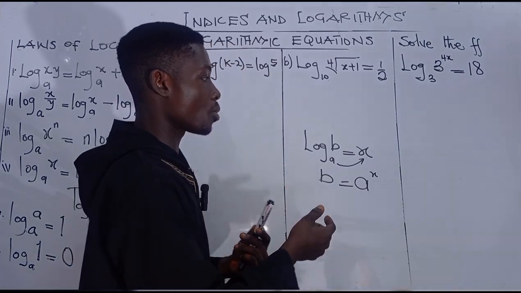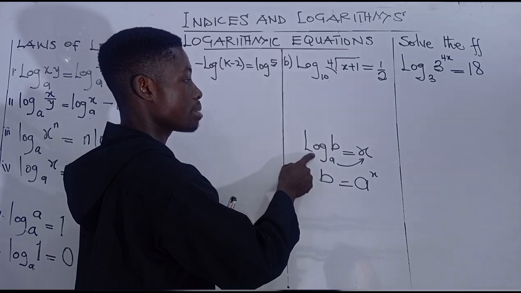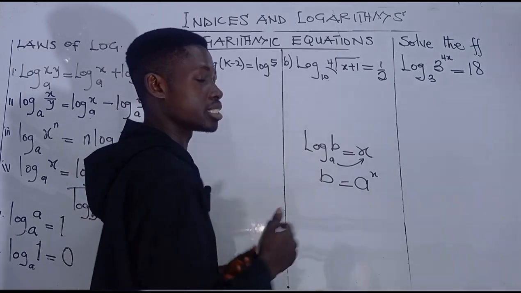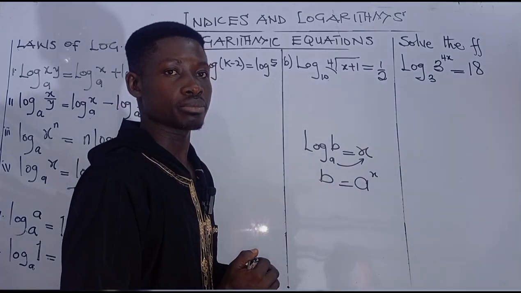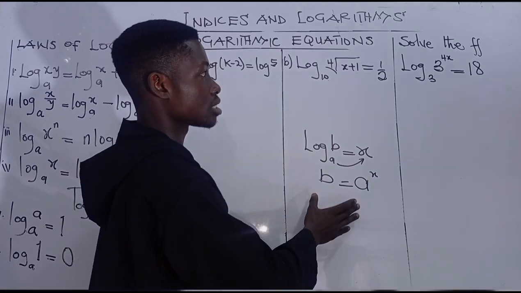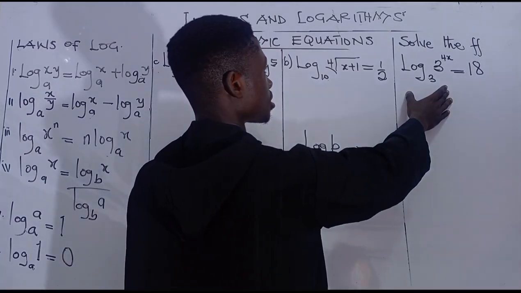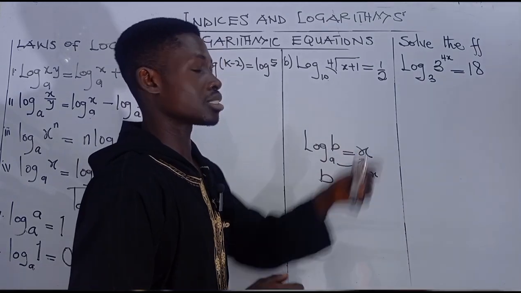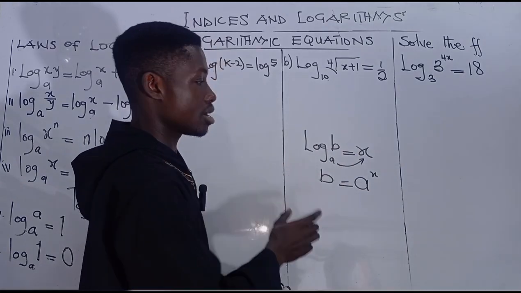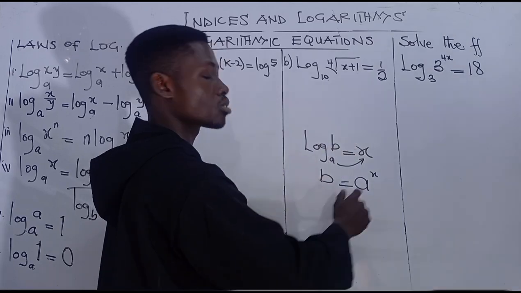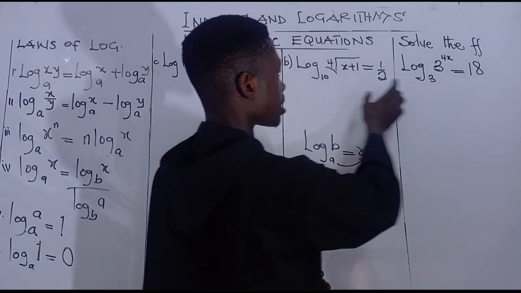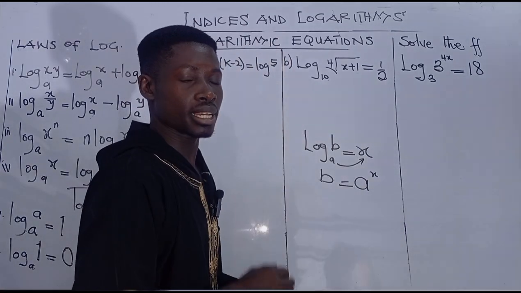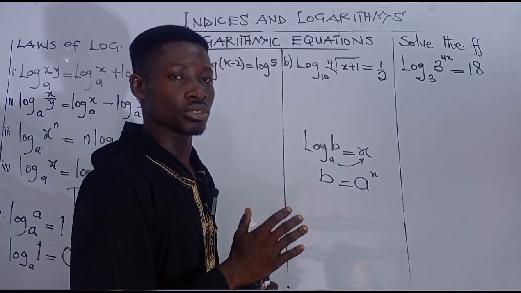So this is how we transform a logarithmic equation into an exponential equation. We are going to base on this concept to solve questions on logarithmic equations. So let's look at our first example. Kindly take note of that.